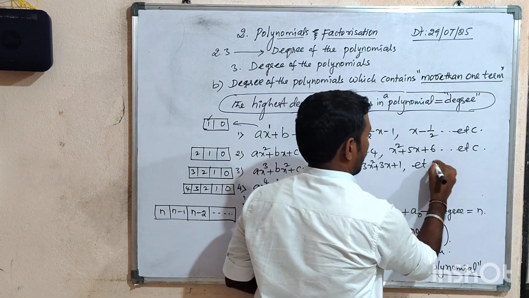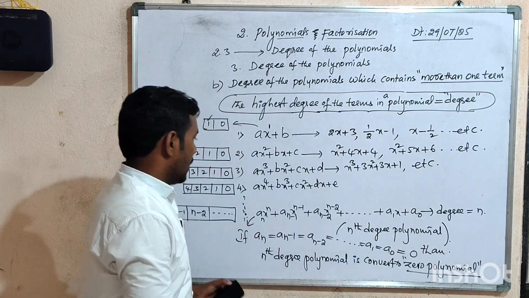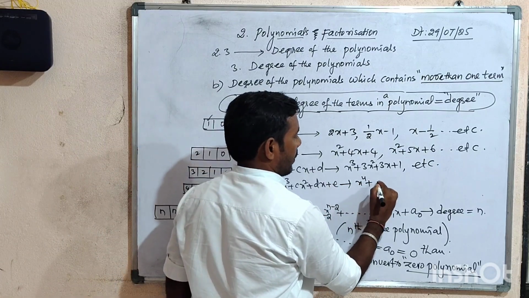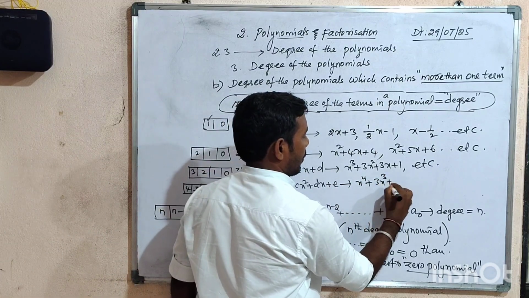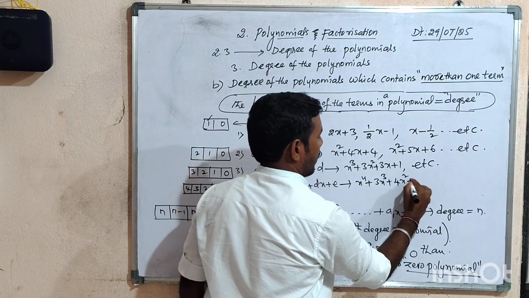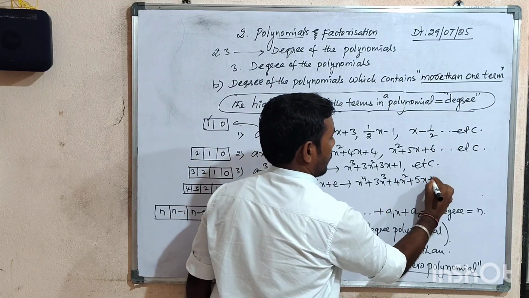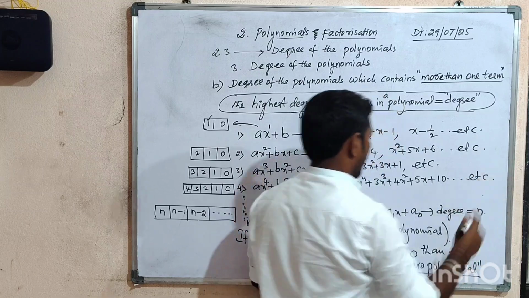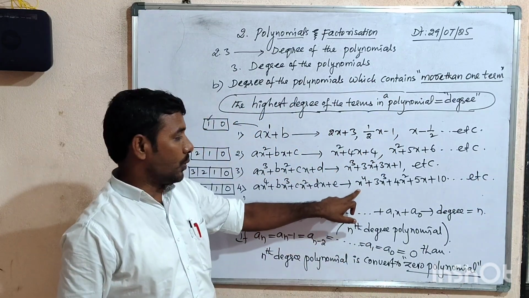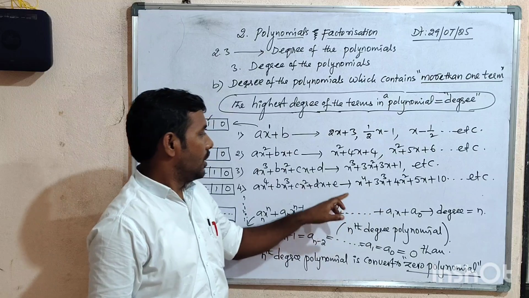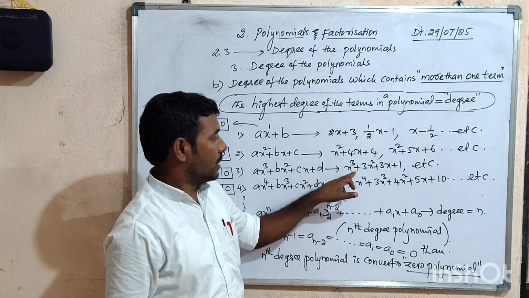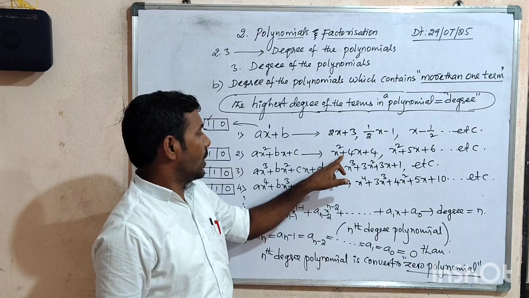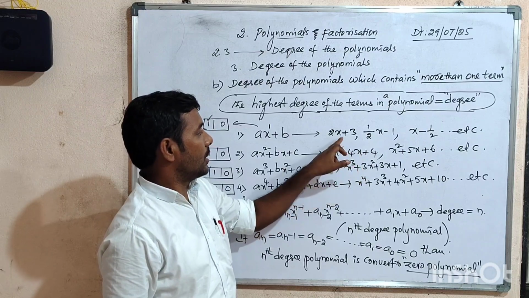Like that we can write a few more. Now fourth degree polynomial. Suppose x power 4 plus 3x cube plus 4x square plus 5x plus 10. Like this we can write many. See, beta, it is a fourth degree polynomial, it is a cubic polynomial example, it is a quadratic polynomial, it is a linear polynomial.